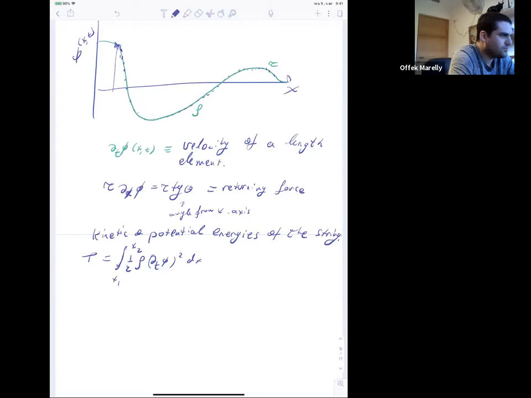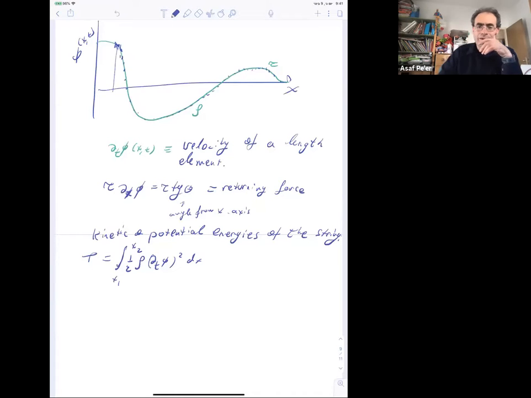Over the string. So that'll be the kinetic energy. Very good.